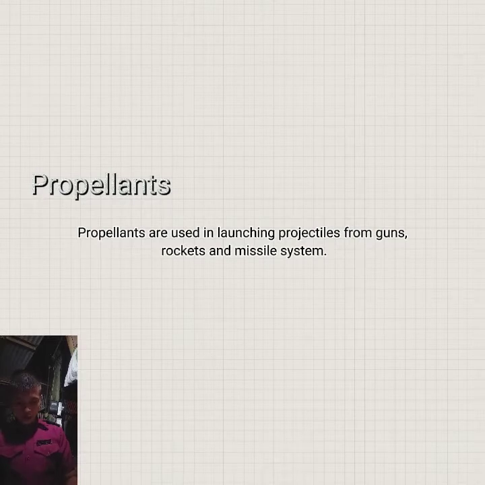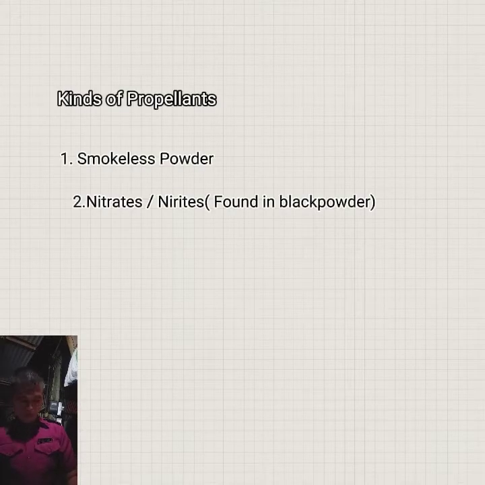It is a mixture of one or more energetic materials, a plasticizer to improve processing characteristics, a stabilizer to increase storage life, and inorganic additives to facilitate handling and decrease muzzle flash. There are two types of propellants.